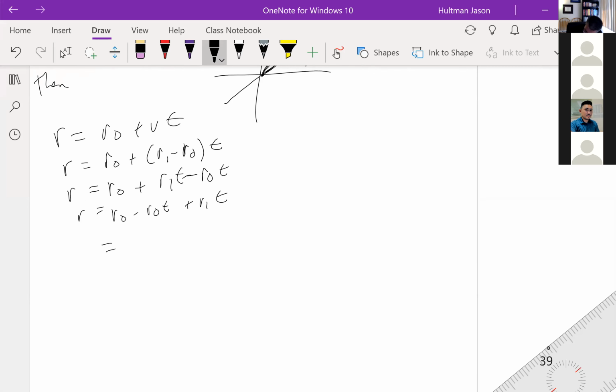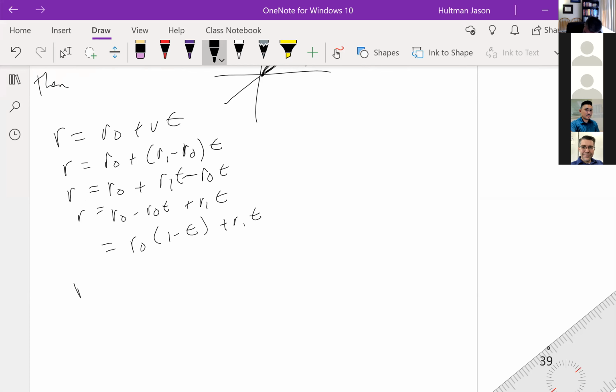Now I'm going to pull out this r naught. So this becomes r naught times 1 minus t plus r1 t. I'm going to rewrite this a little bit more.